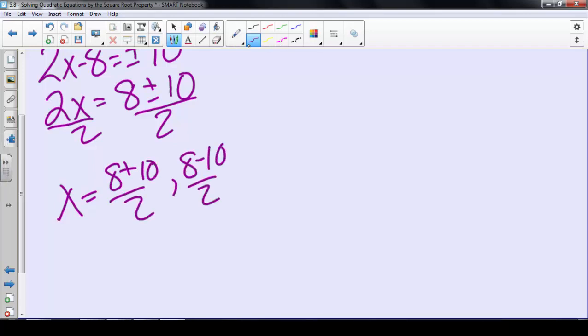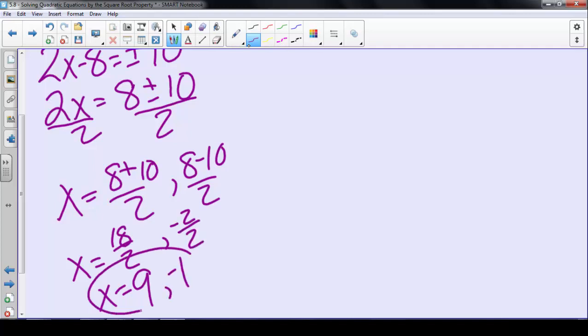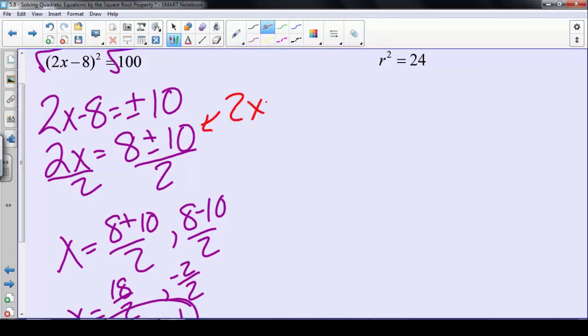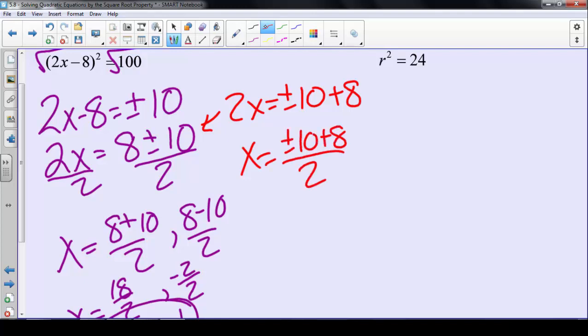And once again, I write everything out before I do the calculations. 8 plus 10 is 18. 18 divided by 2 is 9. 8 minus 10 is negative 2. Negative 2 divided by 2 is negative 1. Now I'm going to come back to this step and write it instead as 2x equals plus or minus 10 plus 8 and go this route, just to show you that it's the same thing.